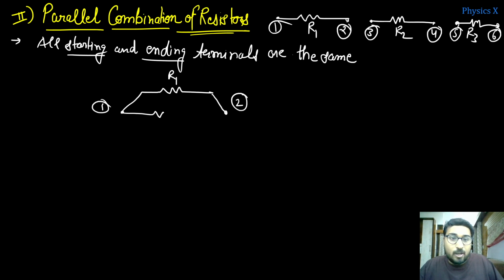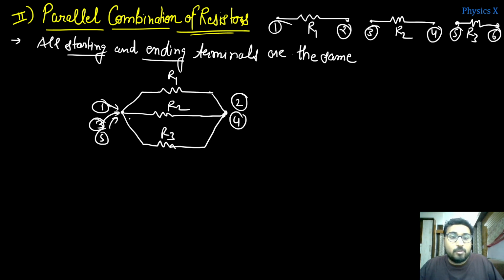Similarly, I am going to connect R2 also, which has the same starting terminal, which was 3, and it is 4 here, and this is your R2. Similarly, R3 also I am going to connect like this. Here your fifth terminal was this one, and the sixth one is the same ending terminal. So you get the idea that all of these are connected in such a way that there is only one starting point and one ending point.